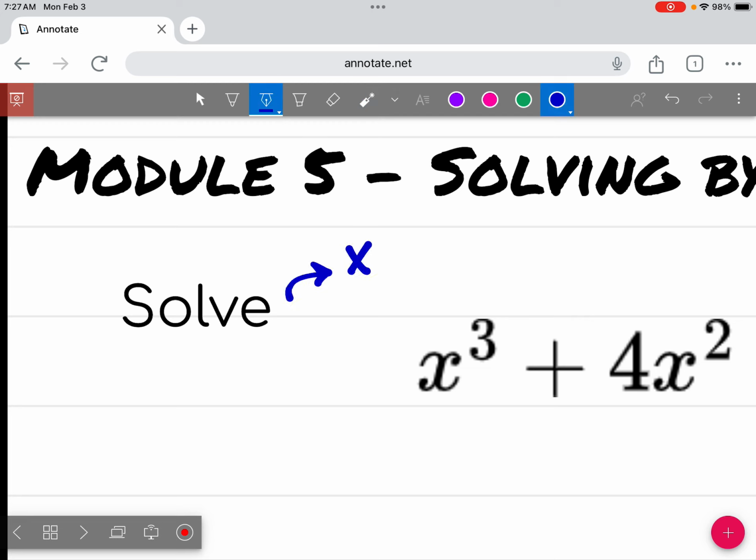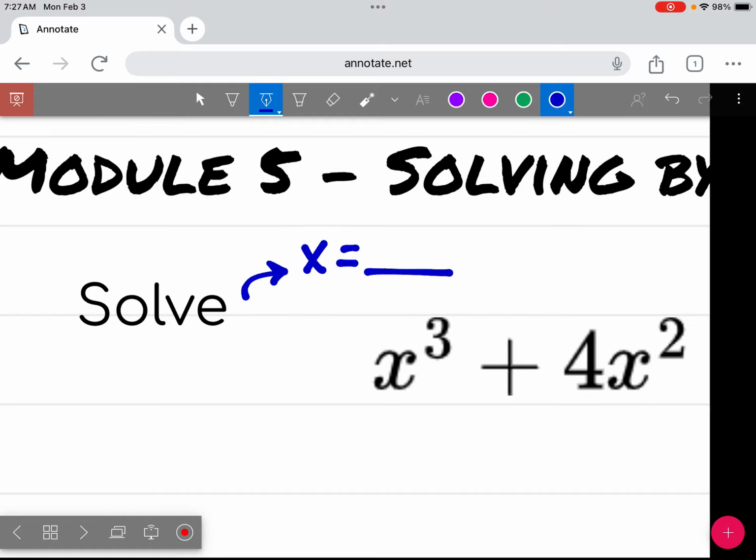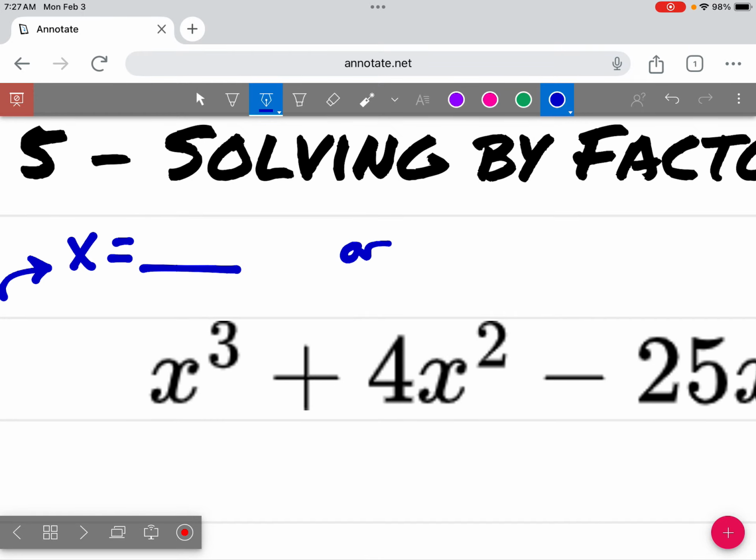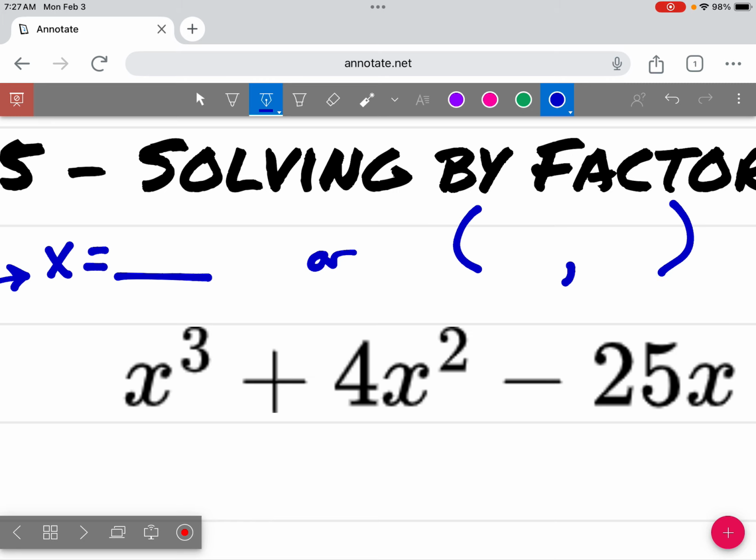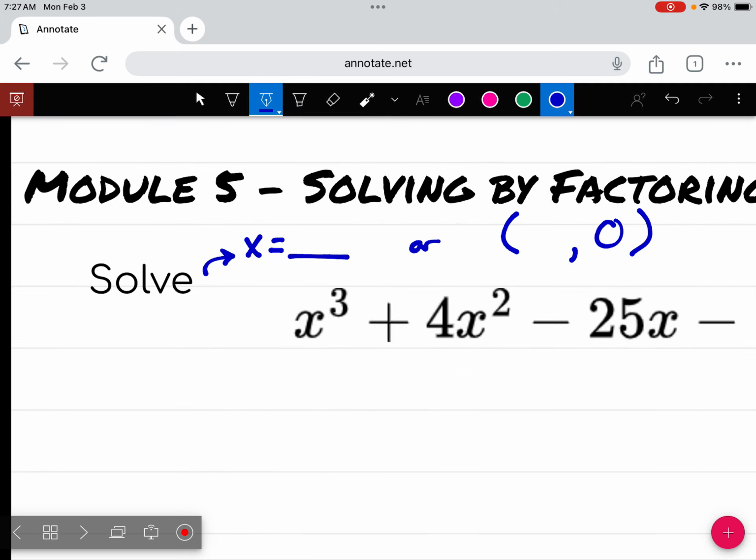Your answer should be either an x equals blank, or you put it as an ordered pair, which will always have a 0, because it's going to be a 0 or a root or an x-intercept. So when it says solve, you are getting down to either an ordered pair or an x equals. I don't care how you write it, but it needs to be written as one of those.